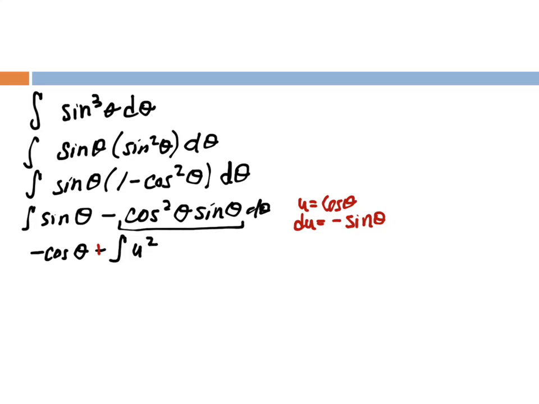Because I need the negative, I need the sine, and I need the d theta to be replaced with the du. So this will end up giving me the negative cosine of theta plus the integral of u squared, which would be u cubed over 3, but u is cosine of theta, so this is 1/3 cosine cubed theta. Okay, is that all right? Yes.